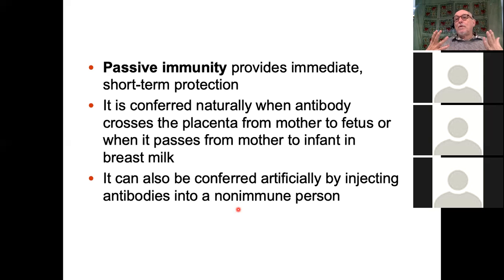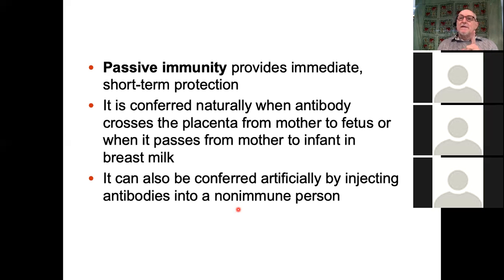So the infant is born with a set of antibody, which is acquired from the mother. And that is referred to as passive immunity. It fades after about 6 months, but by that time, the infant's own immune system is sufficiently active that it can counter infections.